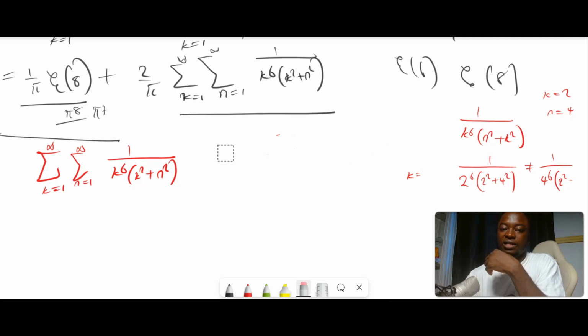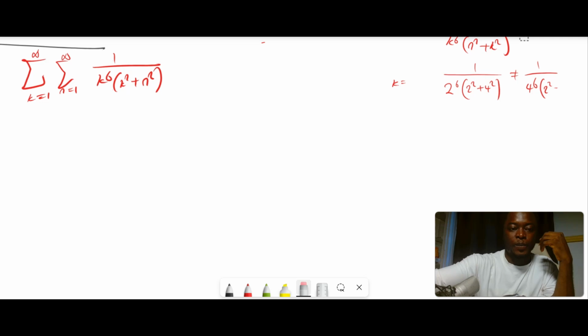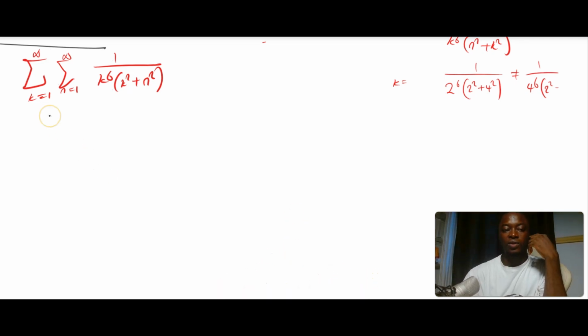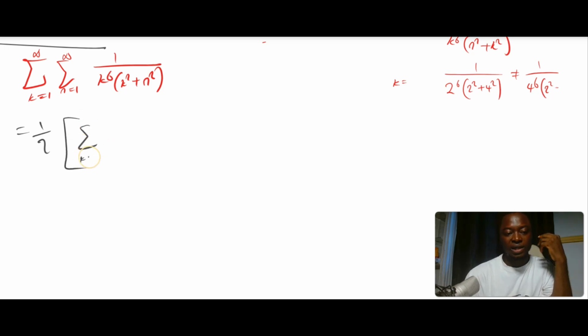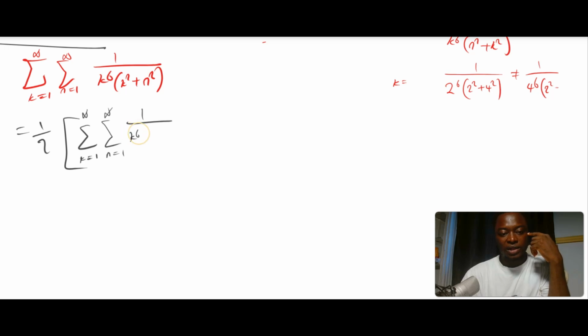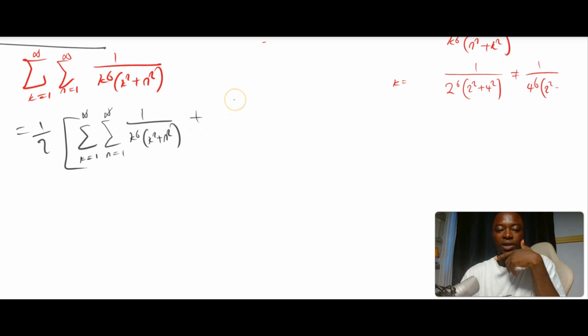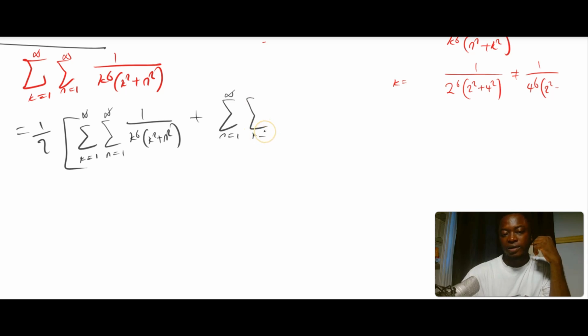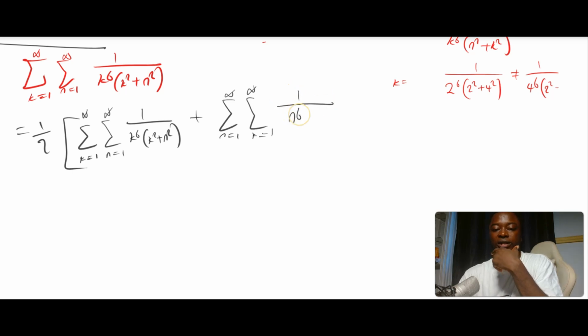and claim that this double sum over here is actually equal to half of the sum, first of all, of this double sum as k runs from 1 to infinity and as n runs from 1 to infinity of 1 divided by k to the 6 times (k squared plus n squared), plus the sum as n runs from 1 to infinity and k runs from 1 to infinity, all divided by n to the 6th power times (k squared plus n squared).